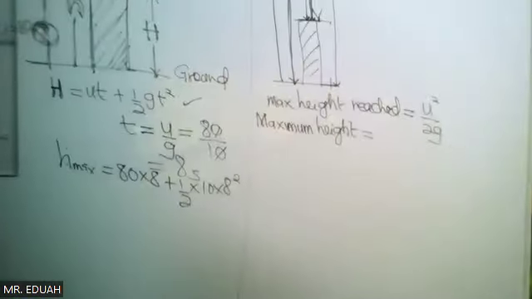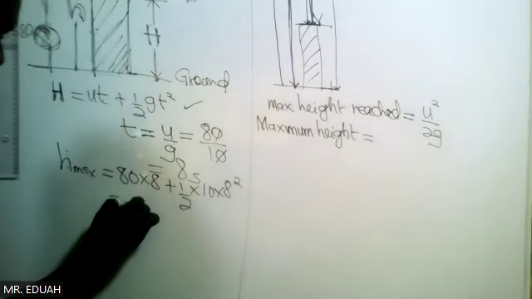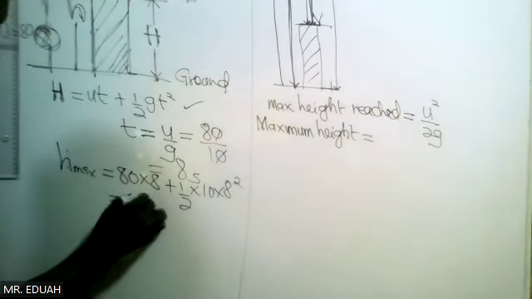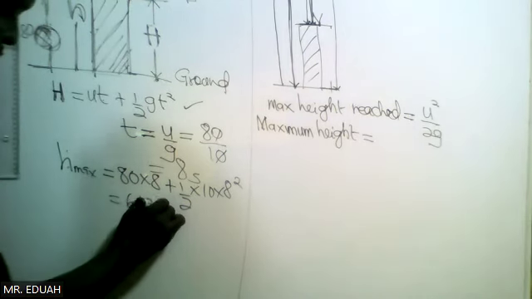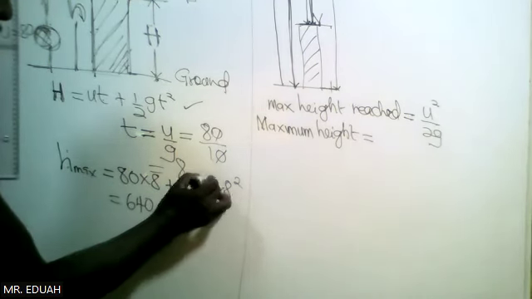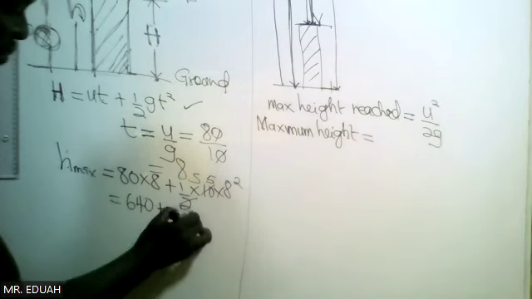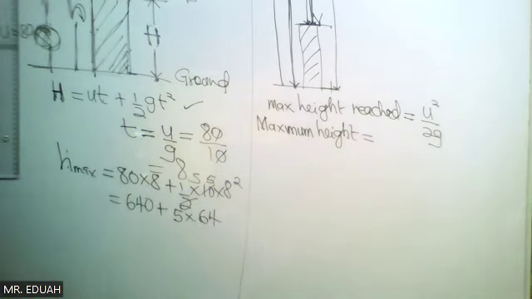So it means that we have 640 plus, this is 5 times 64. And what is 5 times 64 plus 640? 960.